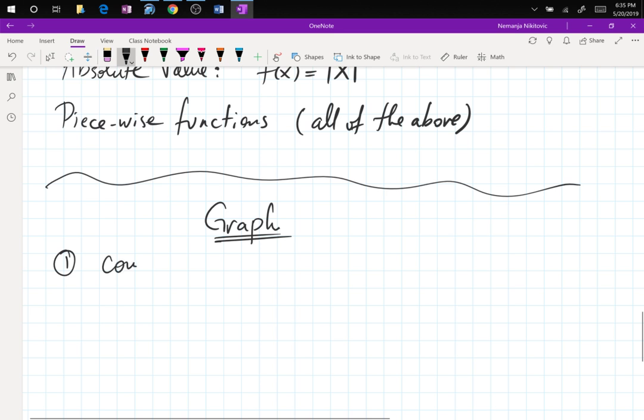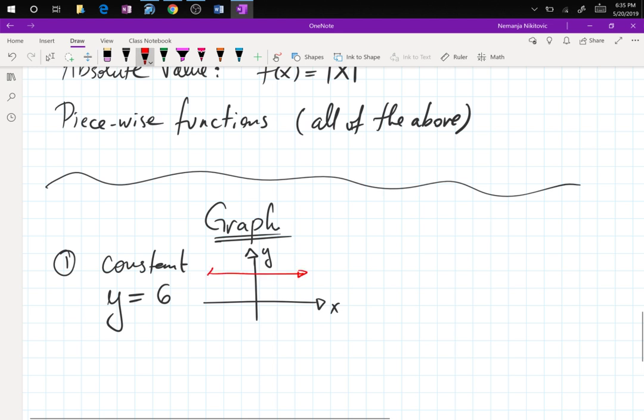Number 1, constant. Let's say y equals 6. It's going to be your x. What happened? Straight line. Excellent. Vertically or horizontally? Horizontally. Because y equals 6, it has to be on the y-axis, and it's a 6. Number 2, linear. y equals 2/3 x plus 1.